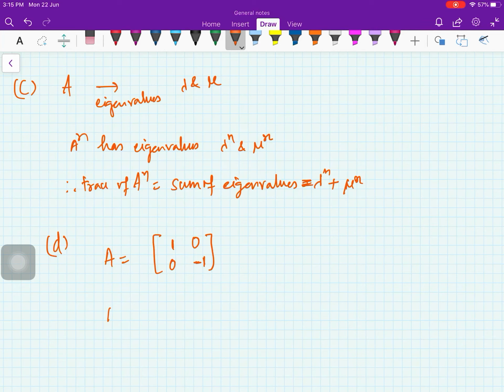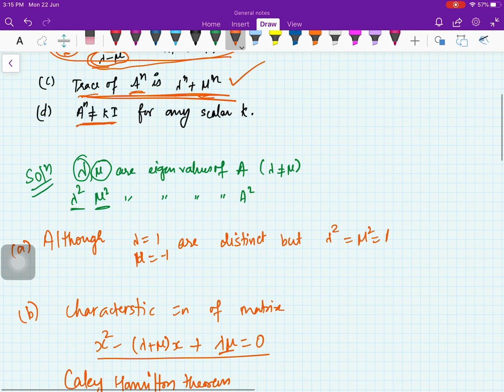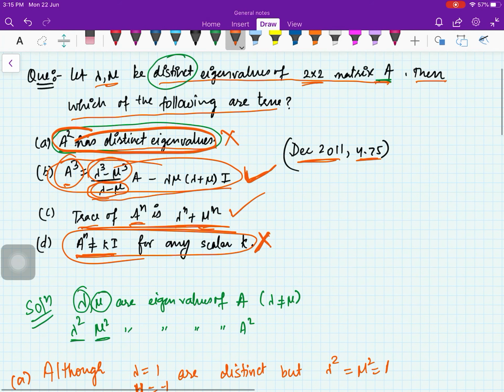Now you know that A square, if you do, you will get identity: first row first column 1, first row second column 0. So this is identity. So this is possible, and this option is not correct. Here we found a counter example very easily. That is why we have gone that way. So your answers here are B and C.